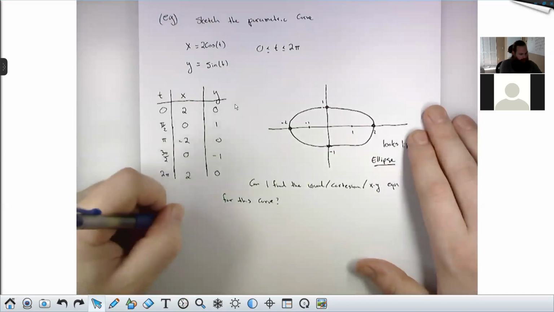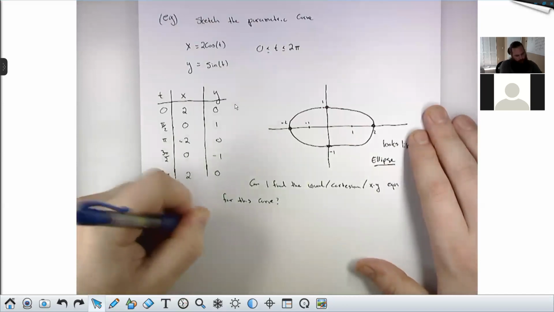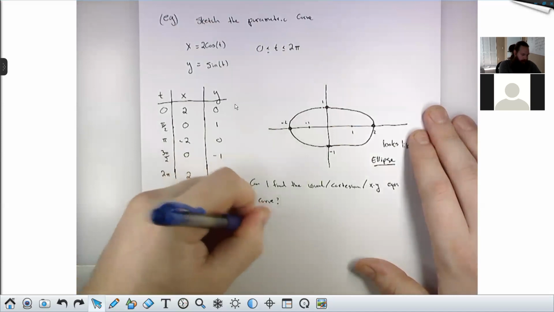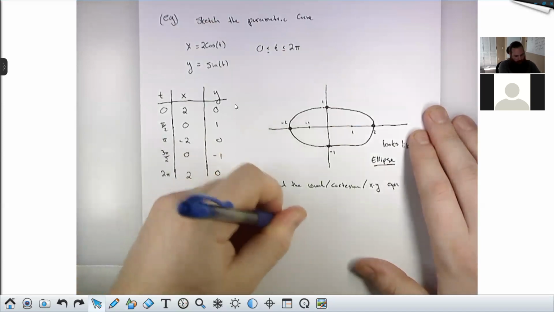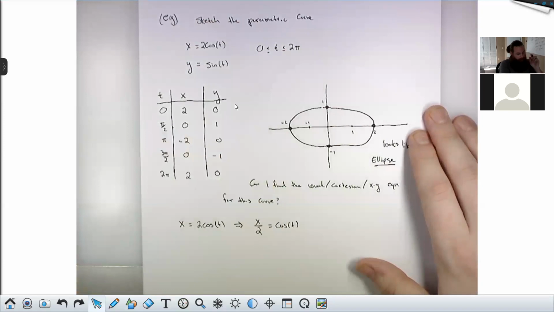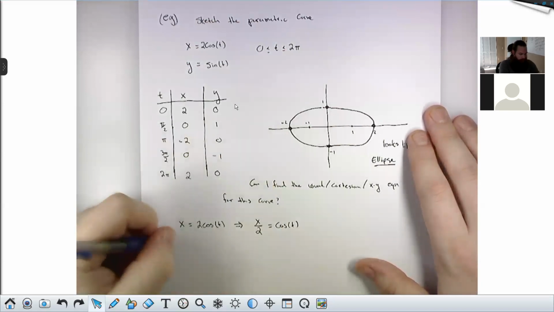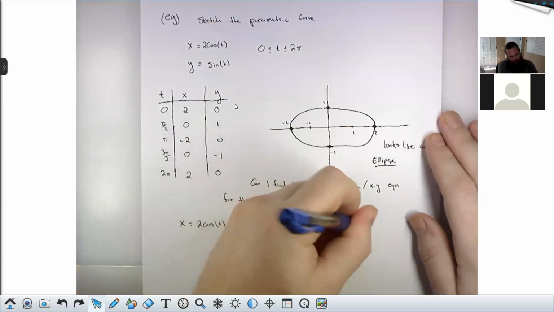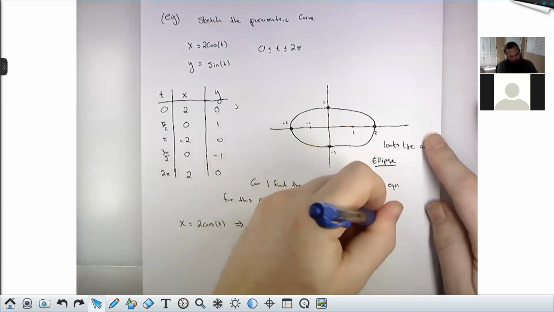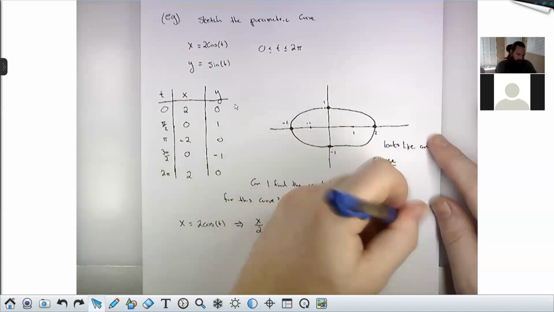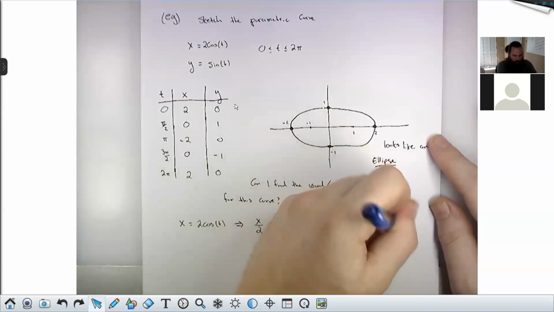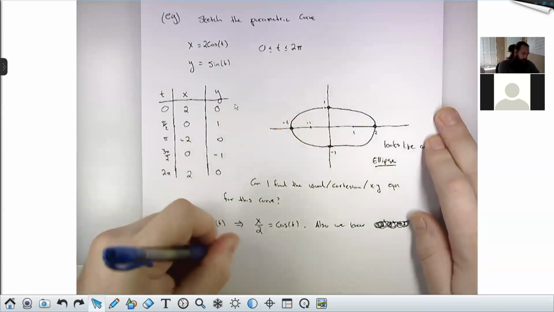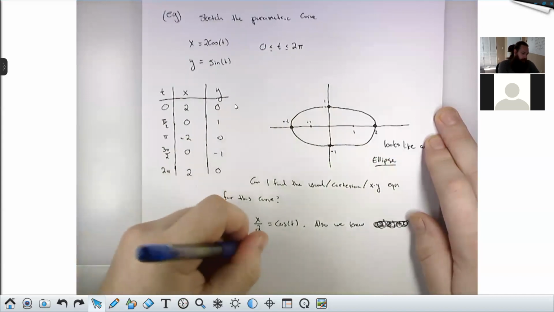And the nice observation is that since x is 2 cos t, we know that x over 2 is equal to cos t. And we know that cos squared t plus sine squared t is always 1.